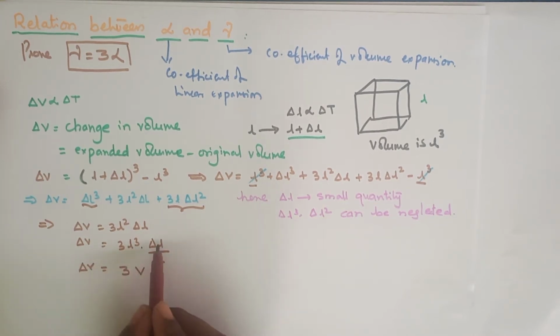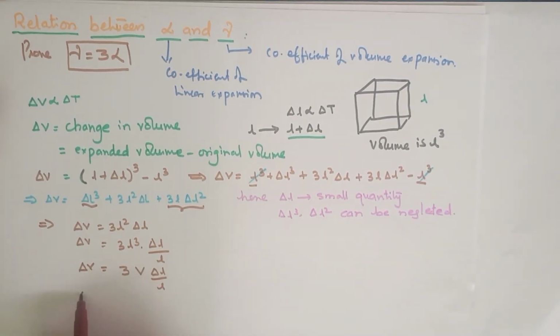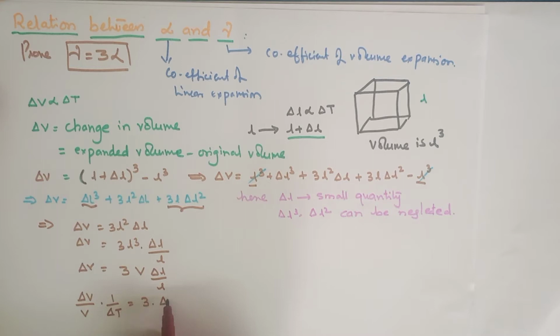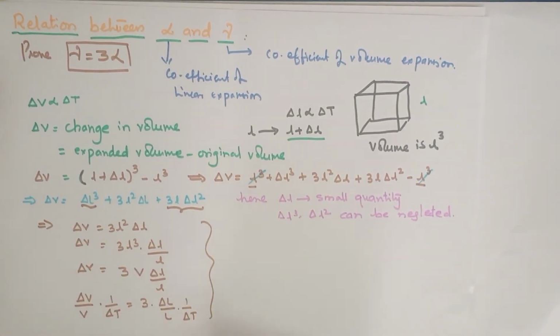What is delta L by L? It is the fractional length. Shall I write like this? Delta V by V equals 3 into delta L by L, and I am taking delta T, dividing both sides by delta T.